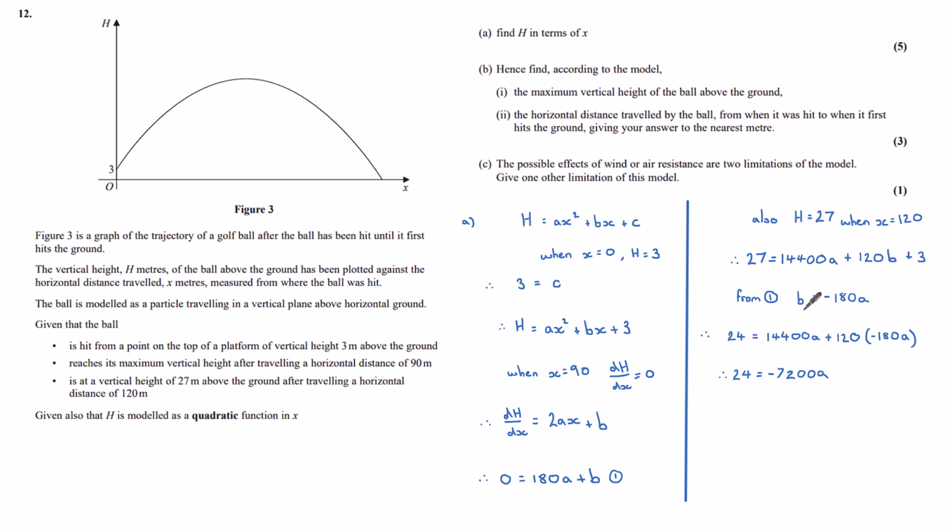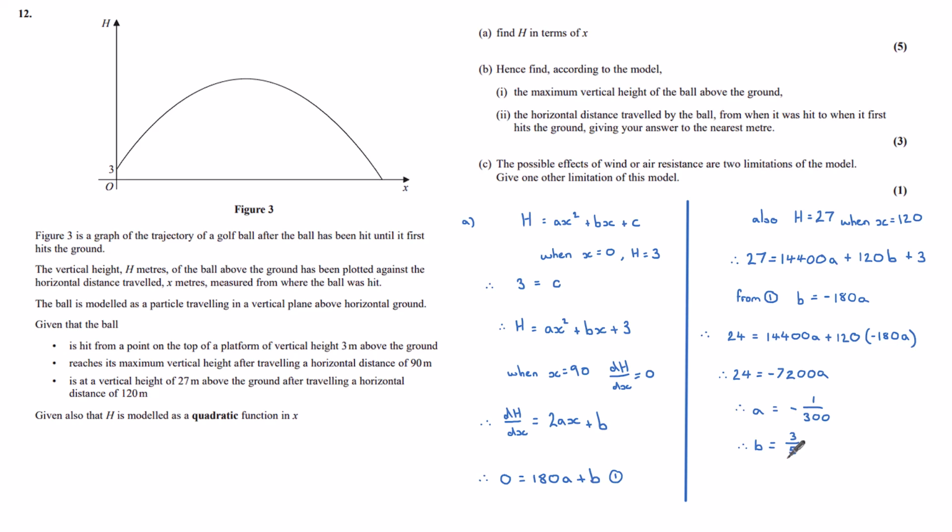Expanding this bracket and simplifying gives us that 24 is equal to minus 7,200a, which gives us a value of a of minus 1 over 300. Now we can multiply this by negative 180 to find that b is equal to 3/5.